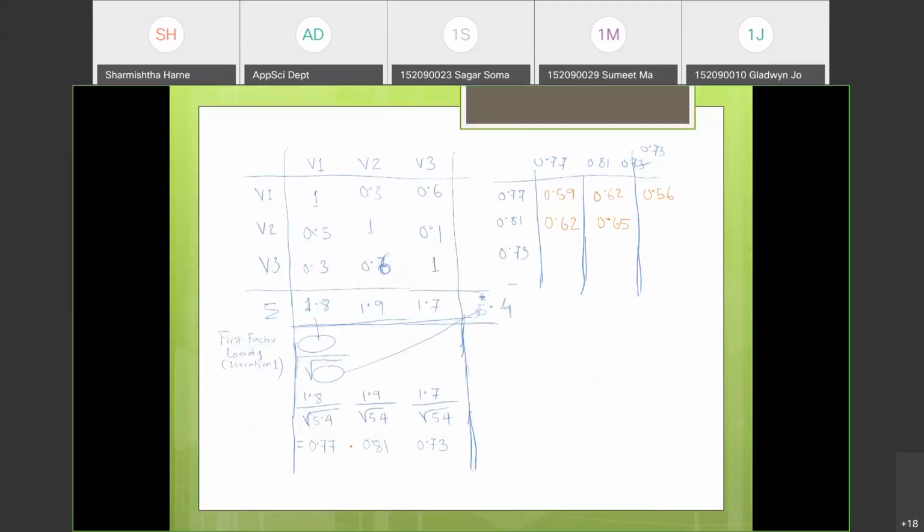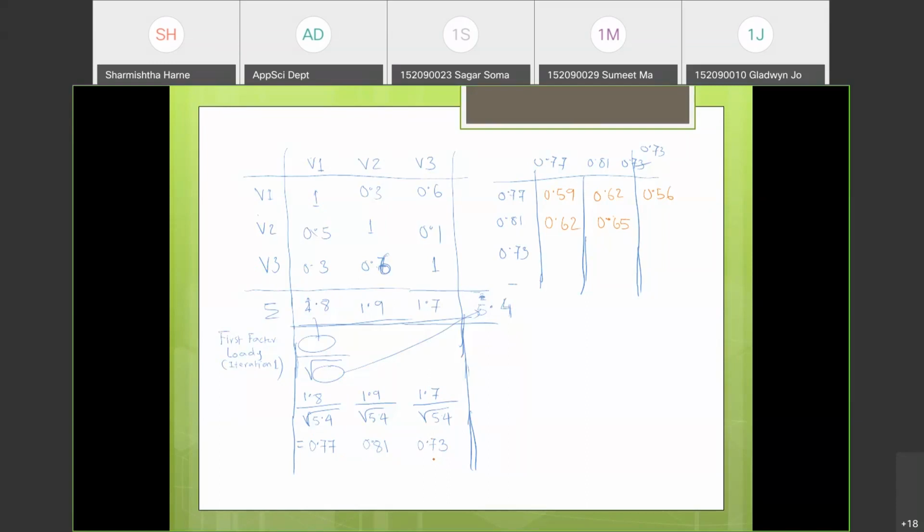So here, this value, we can call it factor loading matrix only, first iteration. Does it make sense to call it factor loading matrix?